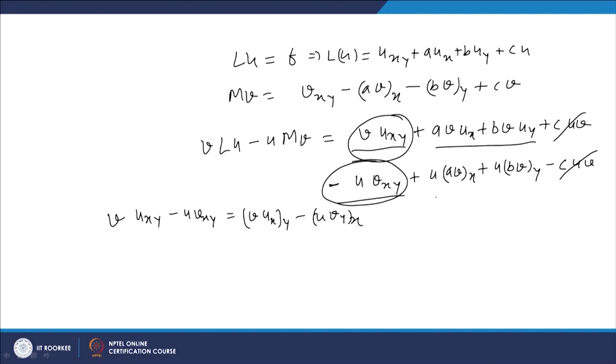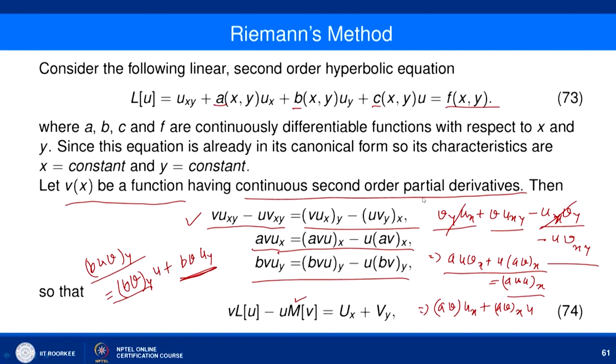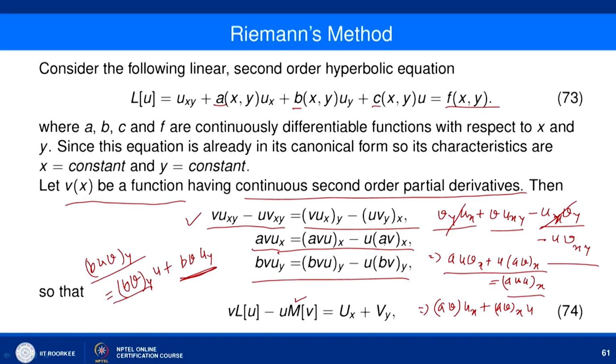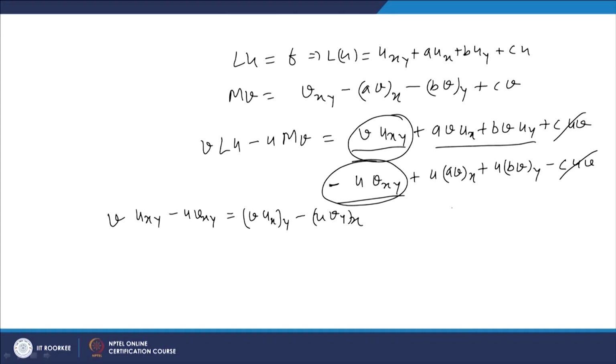Now, how do we write this here? So, this a v u_x, and how can we write this thing here? Let me look at here. Okay. So, here we have written a v u_x as a v u_x minus u (a v)_x. So, let me write here a v u_x plus u (a v)_x.